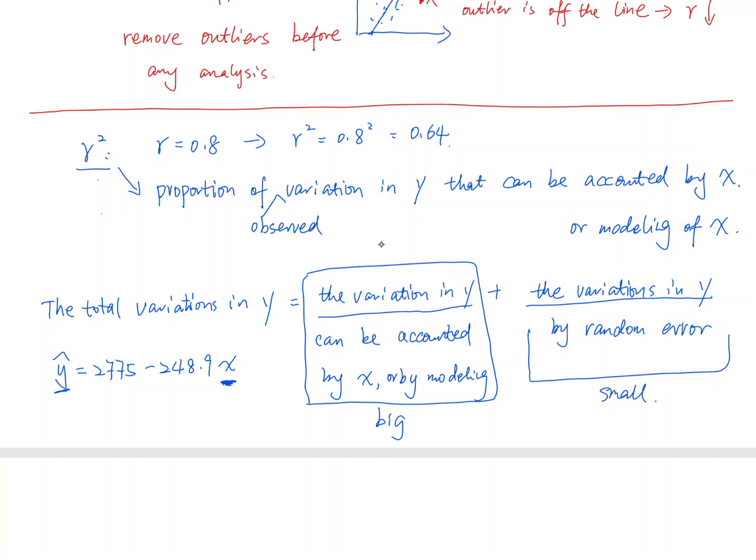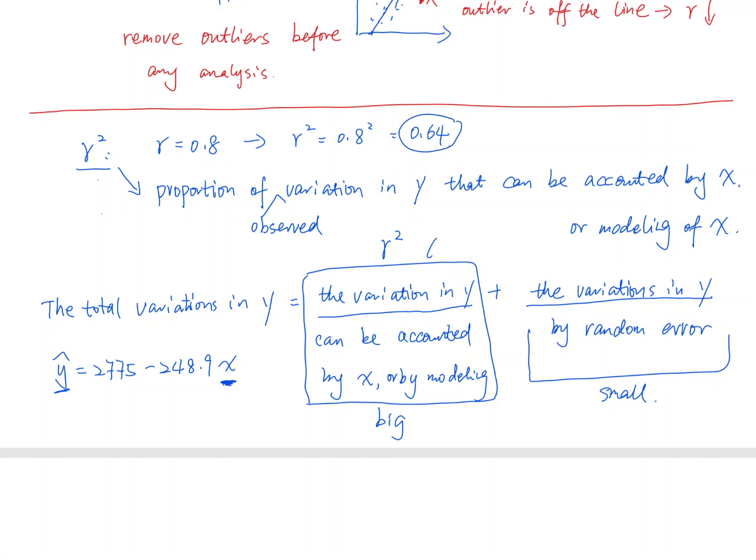So here I just use r squared to measure it. We say r squared is the proportion of the observed variation in y that can be accounted for by x. It's just this proportion. So for example, if r is 0.8, then what is r squared? R squared is 0.64. So how do you interpret this 0.64?